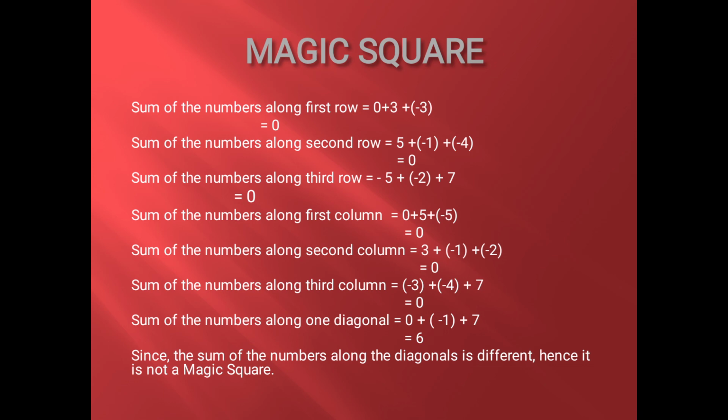Third column, minus 3 plus minus 4 plus 7, 0. One diagonal, 0 plus minus 1 plus 7, 7 minus 1, 6. So all the rows and columns are equal, but the diagonal is 6. Since the sum of the numbers along the diagonals is different, it is not a magic square.